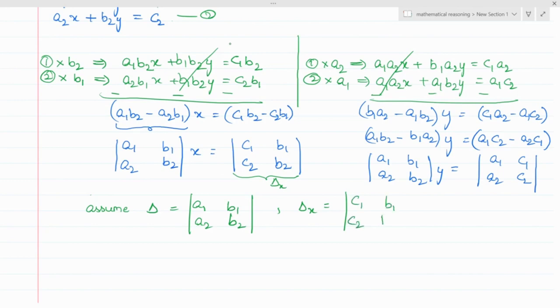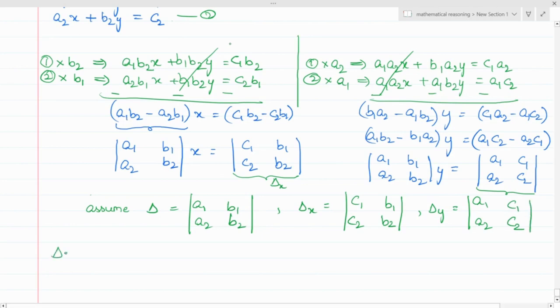So it is called delta x, and this is called delta y. Why? Because instead of the y coefficients, b1 and b2, we get the constants over here. So it is called delta y. So from these two equations we can finally write delta into x is equal to delta x, and from this equation delta into y is equal to delta y.